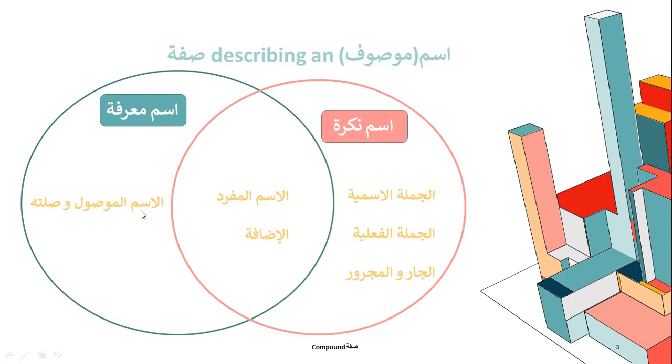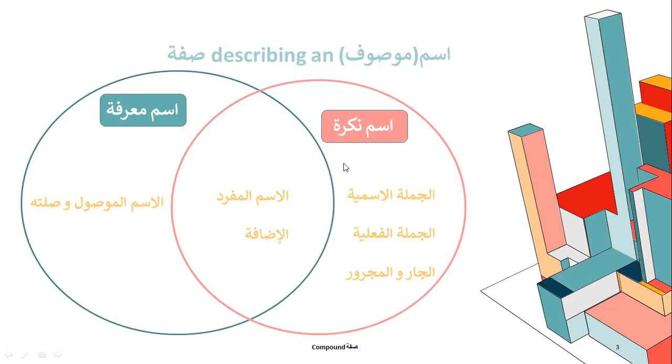We've already covered ism mawsul wasilatuhu. We know what is ism mufrad, one word. We have learned that when a mawsuf is ism nakira, it can have jumla ismiya or jumla fi'liya as its sifa.